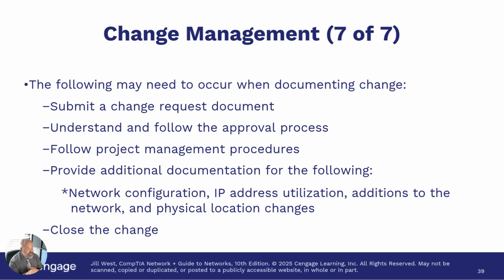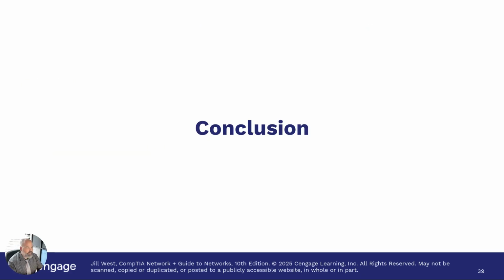Additional documentation could be network configurations. It could be IP addresses. It could be physical locations. Change closure means you're officially finishing the change process. This is all part of a paper trail that proves that you or your vendor did everything the correct way. So it's really there as kind of a checks and balances type of thing.